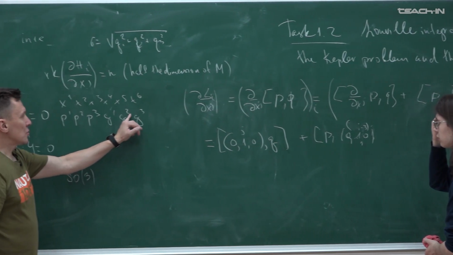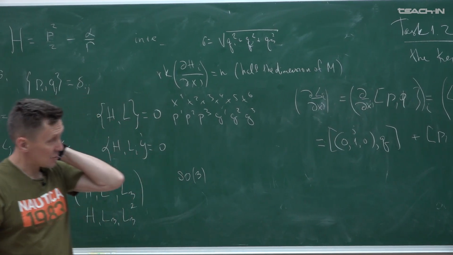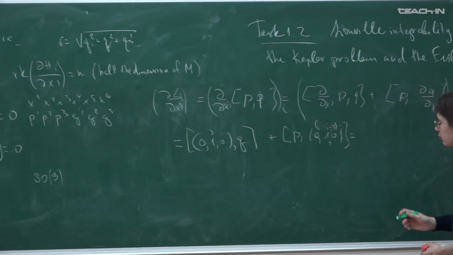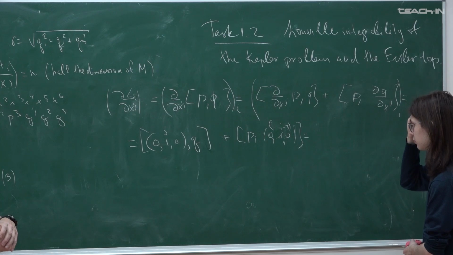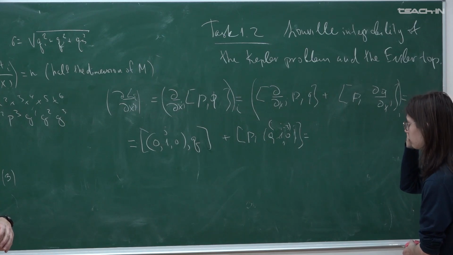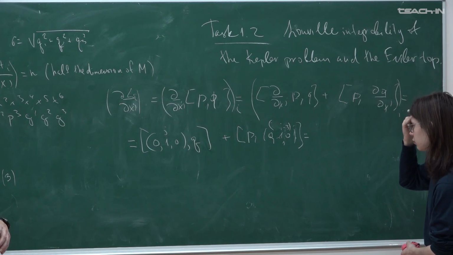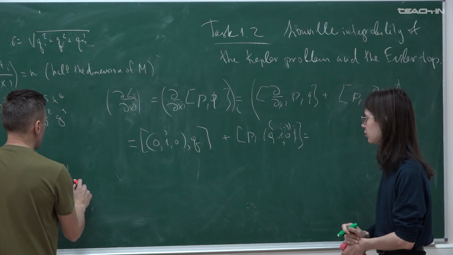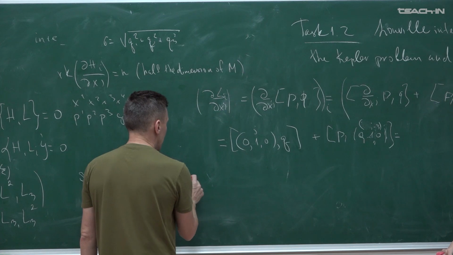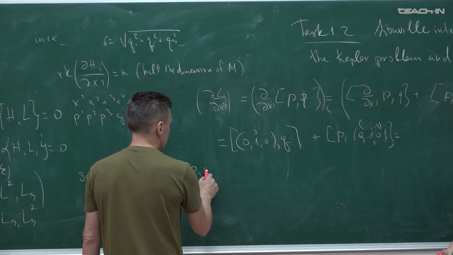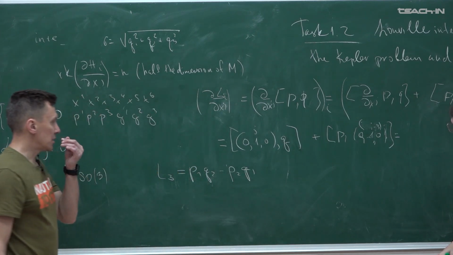Because q2 is x5, but maybe it's not the best way to write it down in general, for the general i. I propose to you just to write the third component of this angular momentum, and this is p1 q2 minus p2 q1.